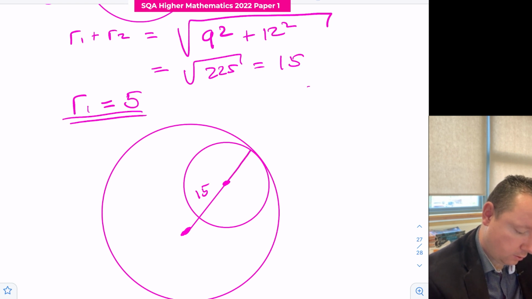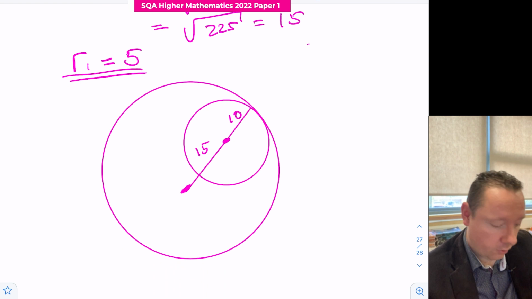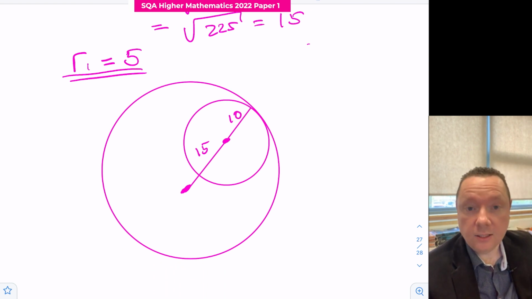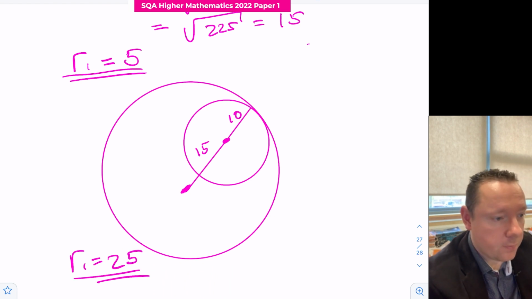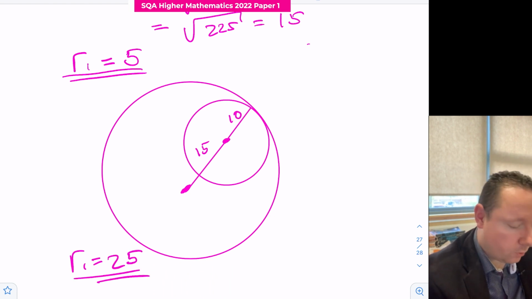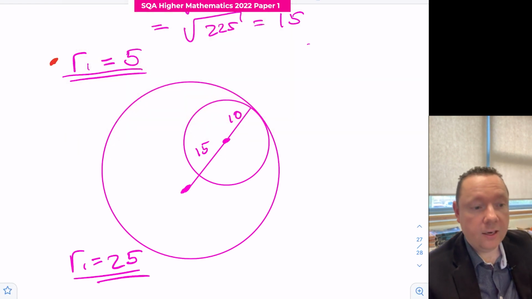And therefore, the radius of our other circle, 10 plus 15, is 25. R could be 25 for our second mark. So we get 2 marks, one for getting R equals 5 and the other one for communicating that it must be 25.